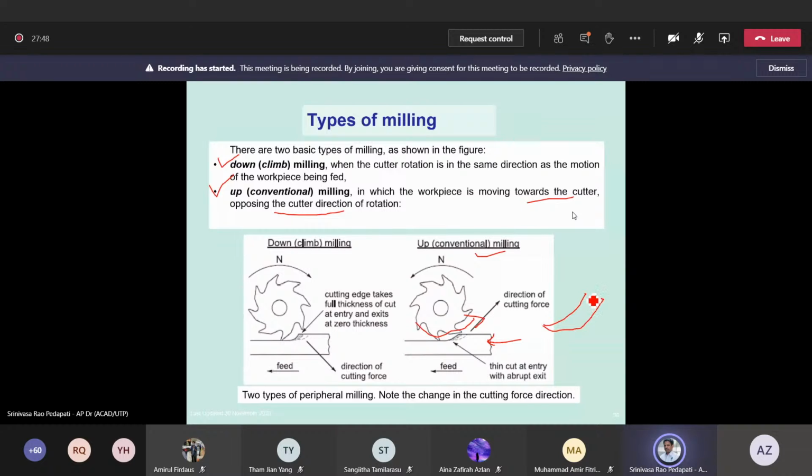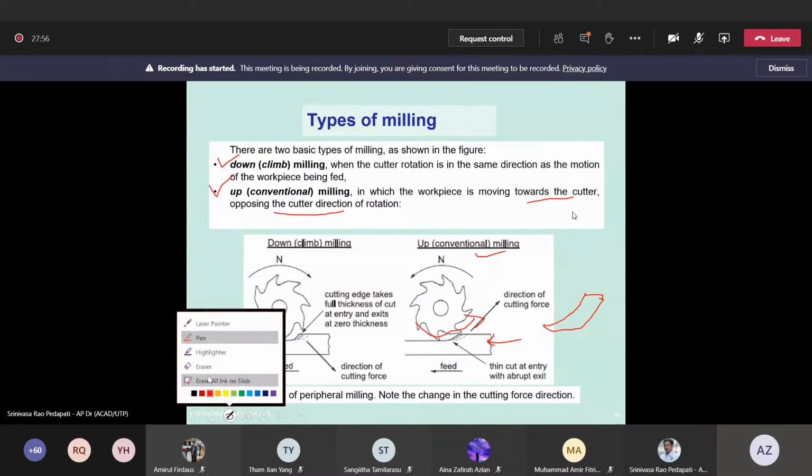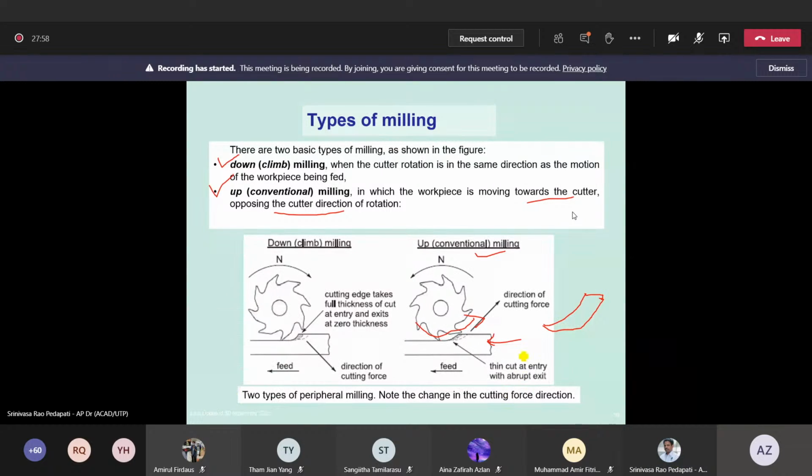Initially the tool is just touching here, and as it is pushing in this direction, the thickness increases.